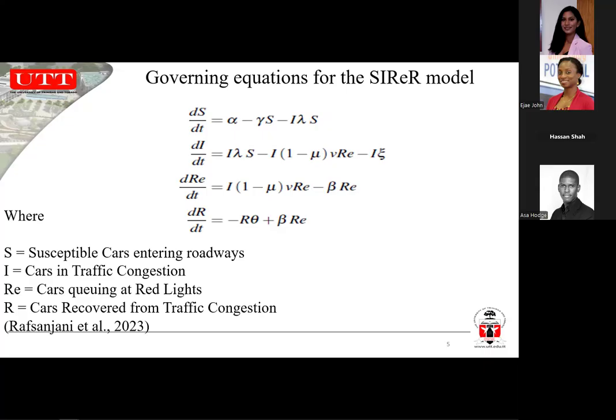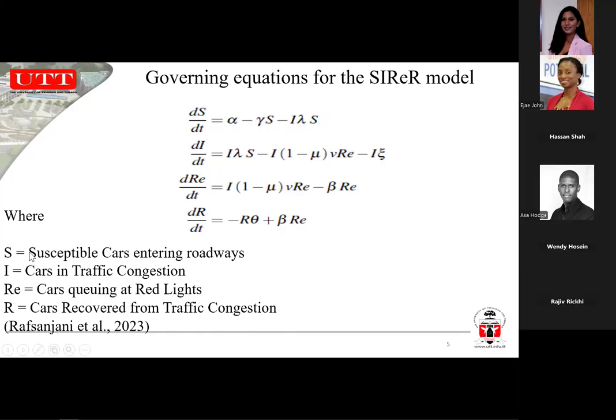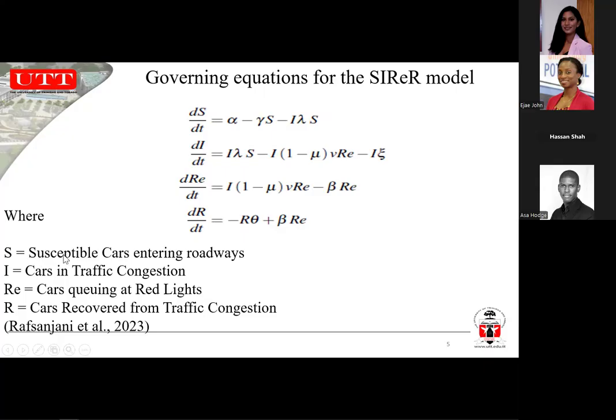In this case, we treat traffic congestion as a form of a virus or infection. So S is defined as the susceptible vehicles or cars entering roadways. We have I, which is the cars stuck in traffic congestion. RE means cars queuing at red lights, and R is equal to cars recovered from traffic congestion.